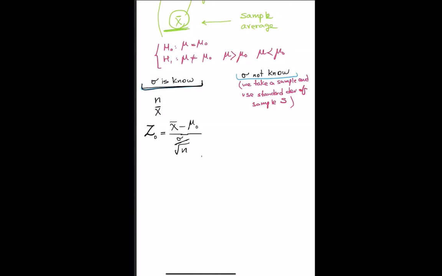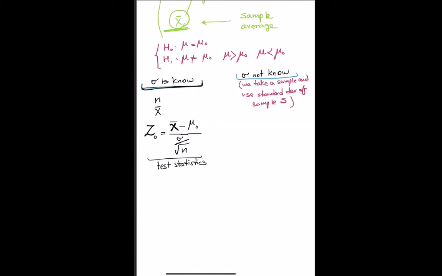This is what I call the test statistic. This is something that I construct using the sample I have taken, using the average of that sample, and I use it to make a conclusion whether I'm going to reject the null hypothesis or not reject the null hypothesis.